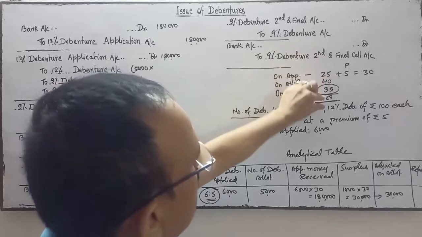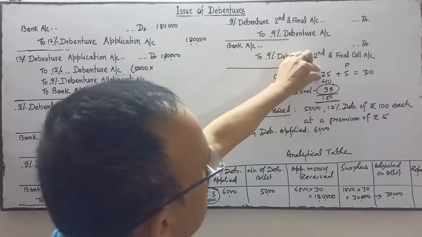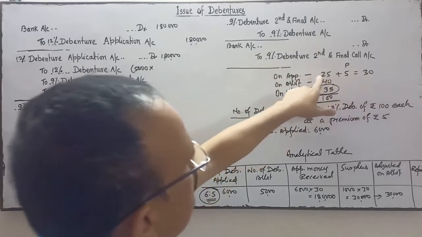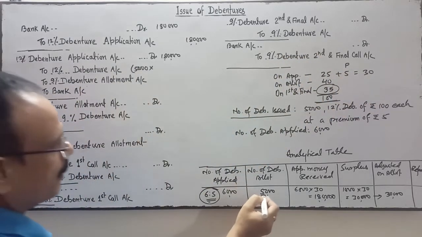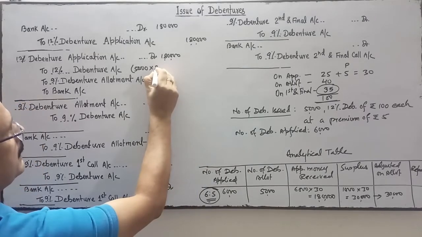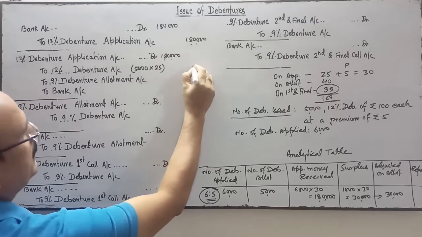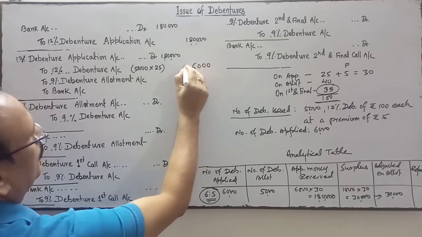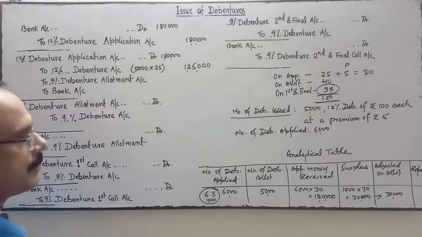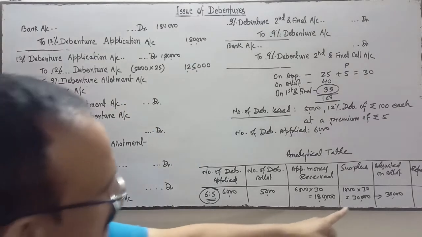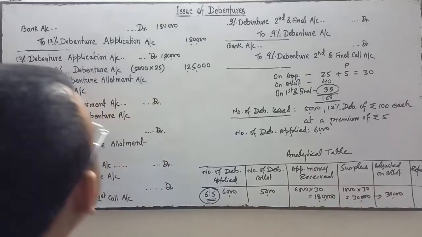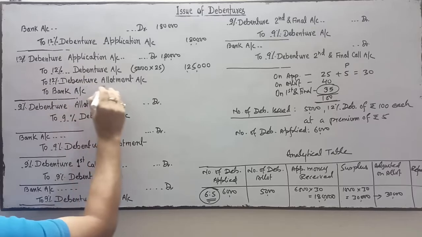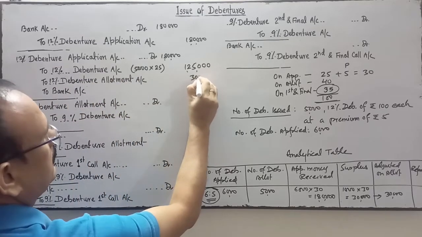You have to see the face value line of application amount: it is 25 excluding premium, including premium it is 30. So I have to take 25. Number of debentures allotted 5,000 into 25, so it is 1,25,000. Okay. Some money is adjusted on allotment. 30,000 rupees is adjusted on allotment. So 12% debenture allotment 30,000.